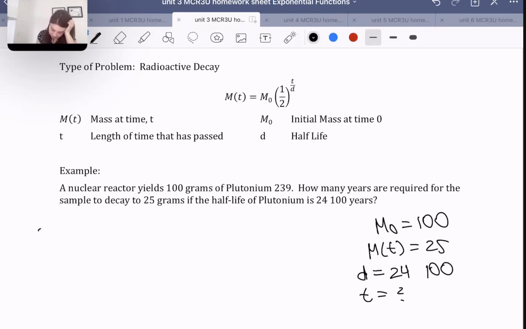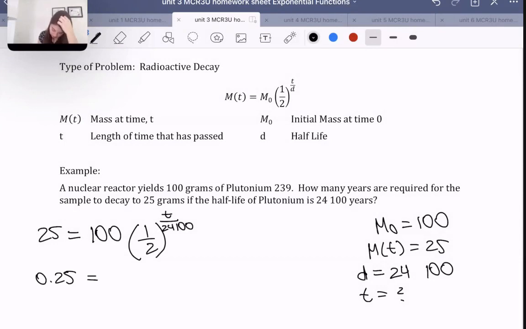M of t is 25. So 25 is equal to 100 times a half to the power of t over d. So therefore we have 0.25 equals 0.5 to the power of t over 24,100. And we actually have a choice here.